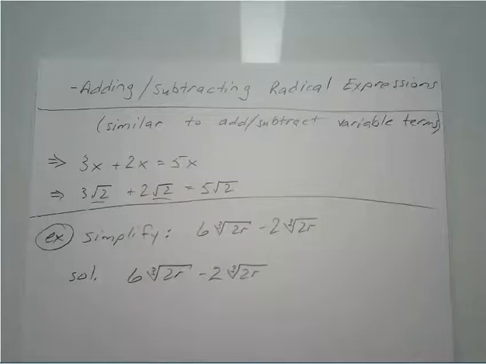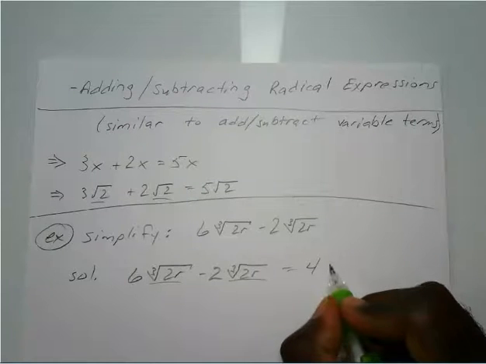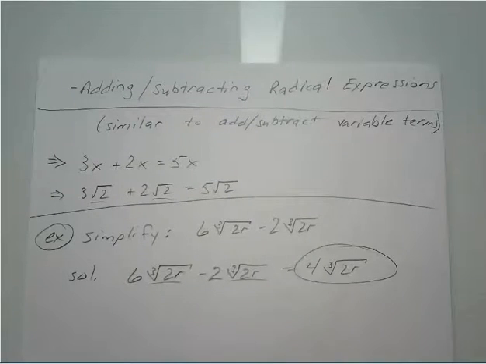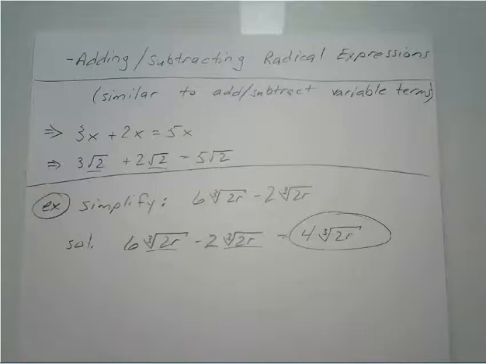Your radicals are the same, so you just get your 6 minus 2, which is 4 times the cube root of 2r. Okay, you can only combine them since they're both the same.